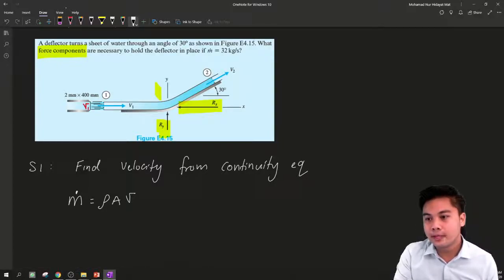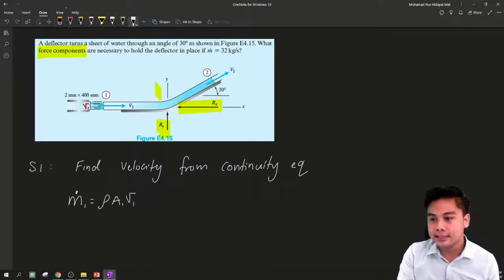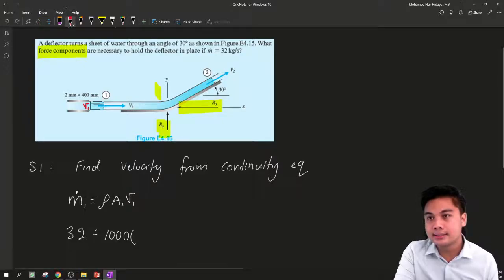So mass flow rate at 1 equals area at 1 times velocity at 1 times density. Given here, the mass flow rate is 32. Replace here: 32 equals the density of water, which is as usual 1000, and the area given here is this area, the cross-sectional rectangular area.